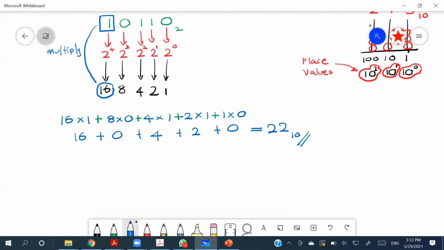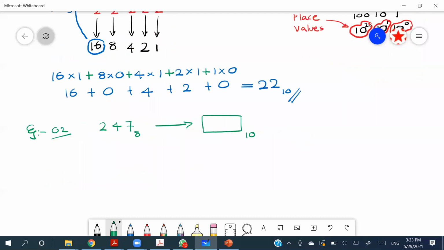Now here I'm going to convert an octal value to decimal. So I'm taking 247 octal, going to convert into the decimal. Yes, now you know the drill.